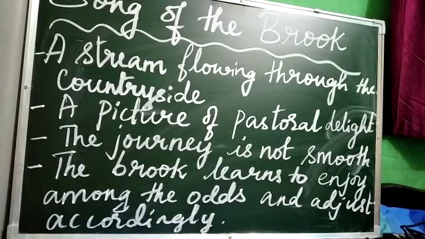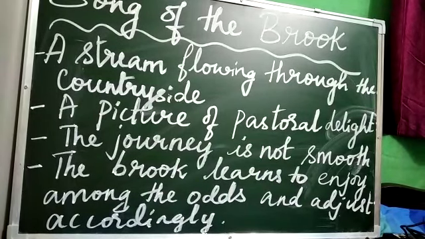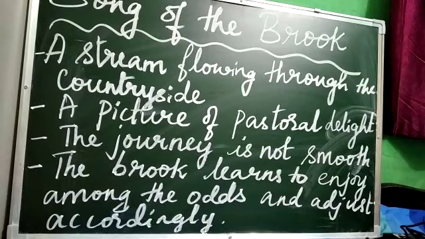The brook carries many things with it as it flows. So does man. He builds relationships, carries memories, collects materialistic things as he goes through life. The marked difference between man and the brook is that man is mortal, whereas a brook lives forever.